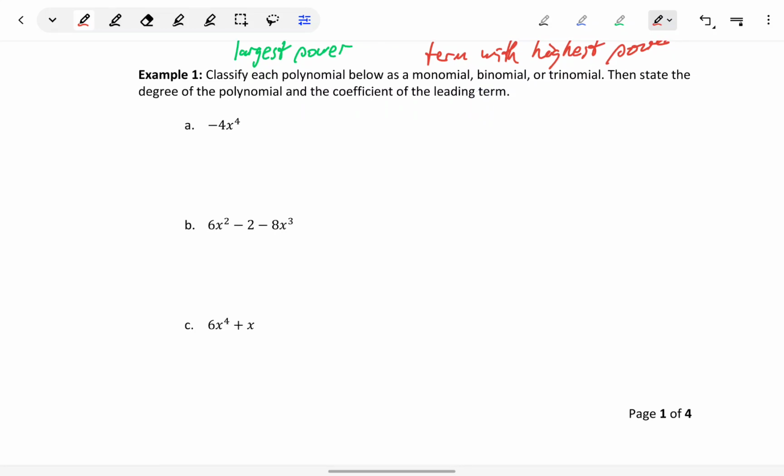In example 1, we want to classify each of the given polynomials as a monomial, binomial, or trinomial, then state the degree of the polynomial and the coefficient of the leading term. Starting with part A, we have negative 4x to the fourth power. There's only one term, so this is a monomial.